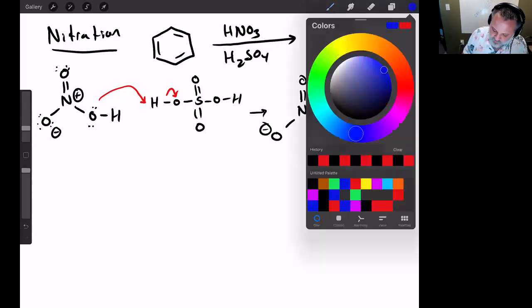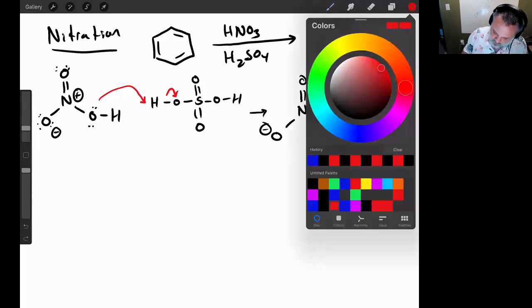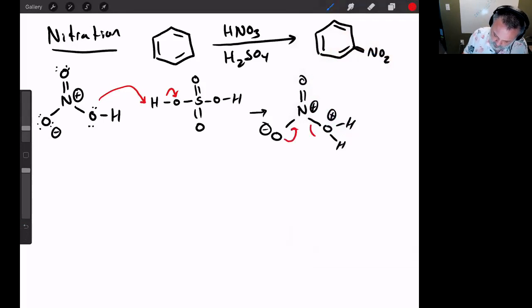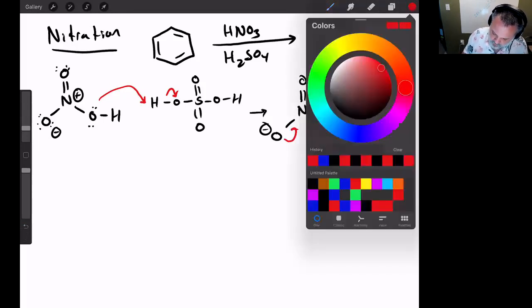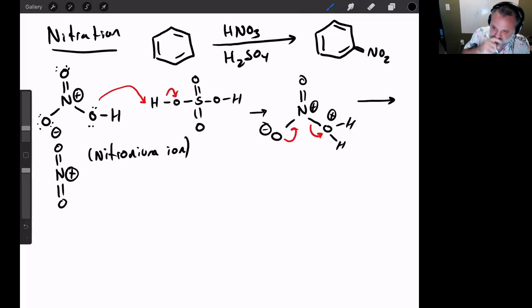And then ultimately what this is going to form is this is a nitronium ion. This is our electrophile in this case. The nitronium ion is our electrophile.